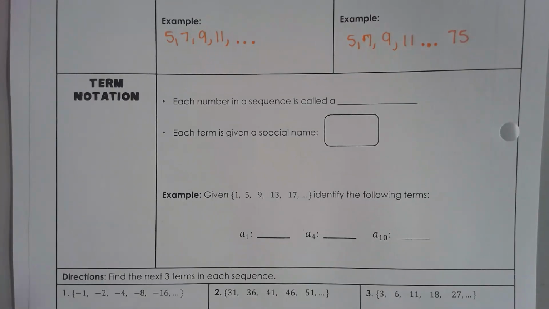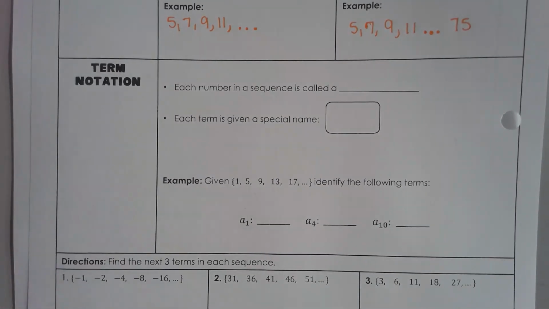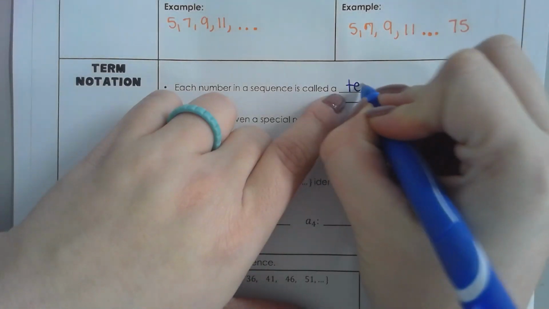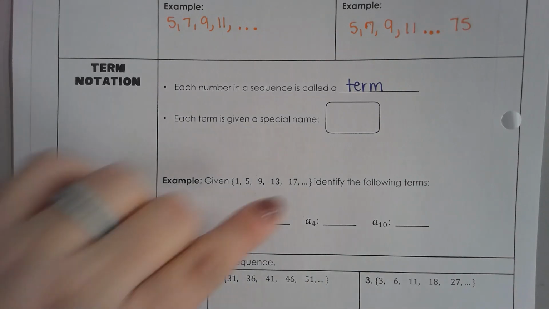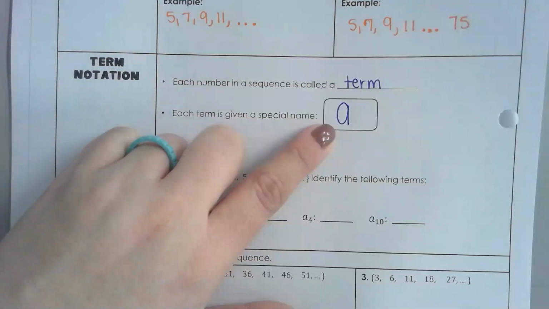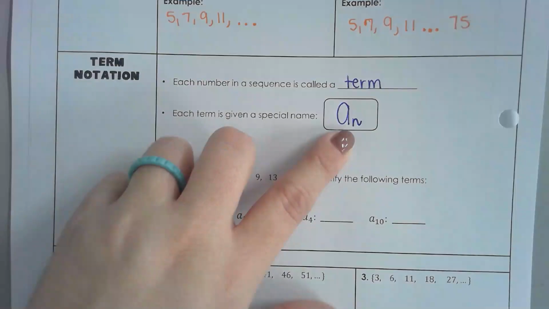When you have a list of numbers, every number we refer to as a term. So the first number in the list is the first term. The 7th number in the list, we would call the 7th term. And when you see that written, you'll see a lowercase a and then a little n down there.